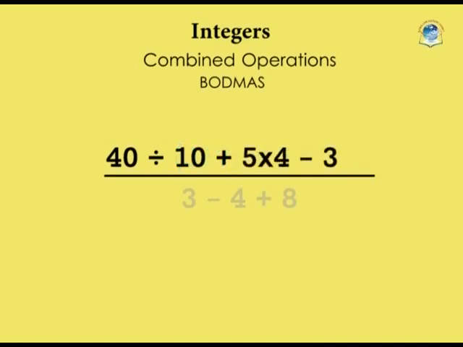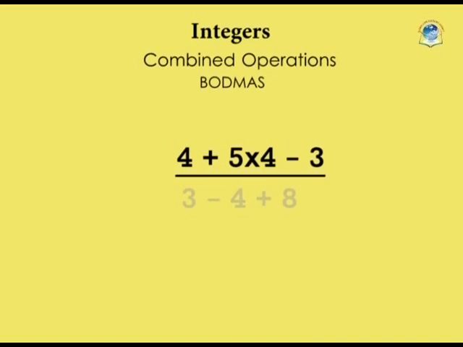And then we move to division. 40 divided by 10 is equal to 4. And then multiplication. 5 times 4 is 20. And now addition. 4 plus 20 is 24. And finally subtraction. 24 minus 3 is 21.